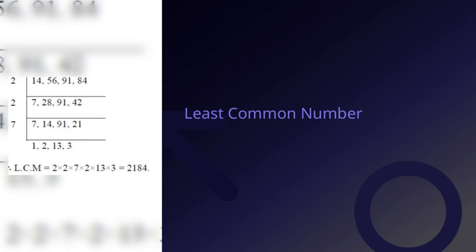Remember, finding this number involves identifying the smallest multiple shared by all the numbers involved. It's a fundamental tool that connects to the broader theme of finding order and consistency in math and real-world problems. Mastering this concept makes other math operations much easier and more intuitive.